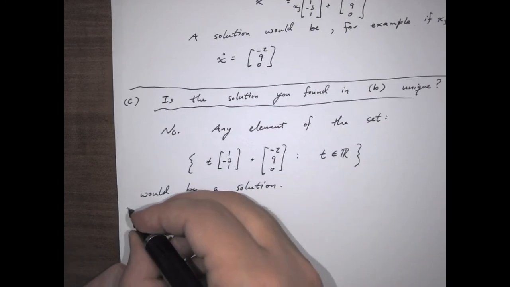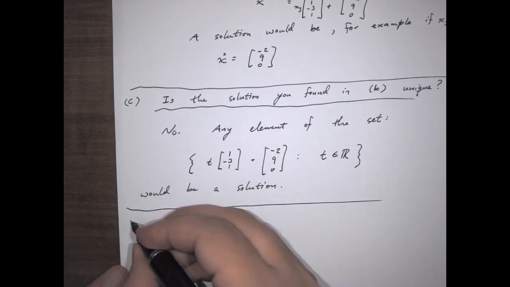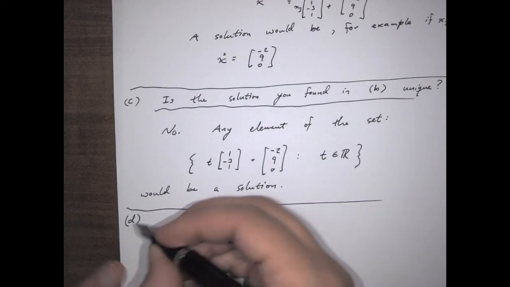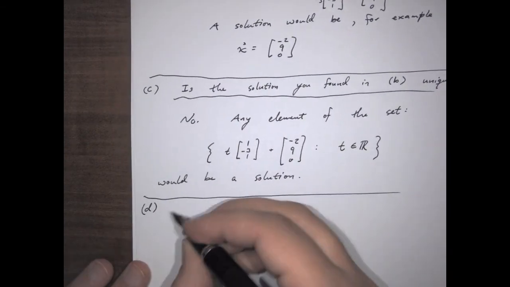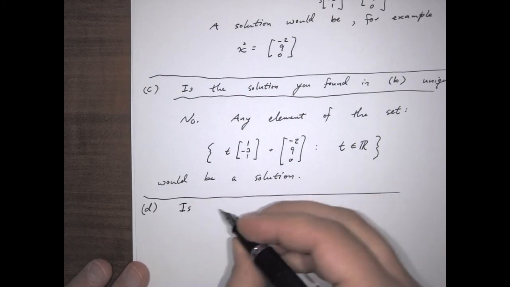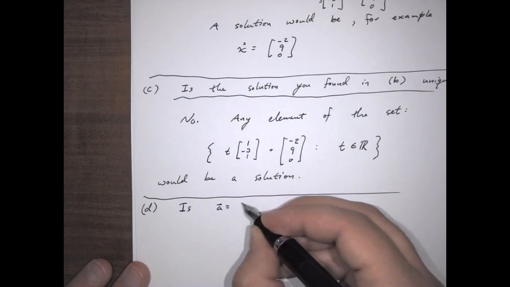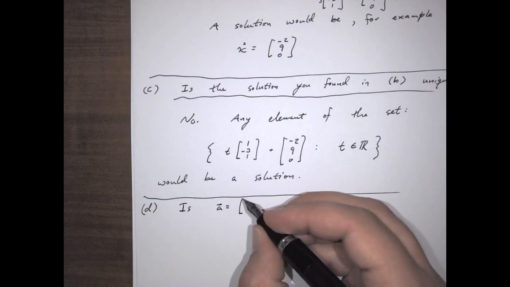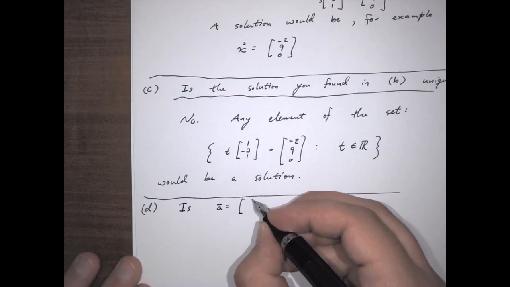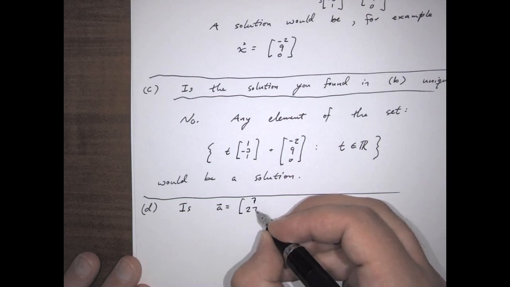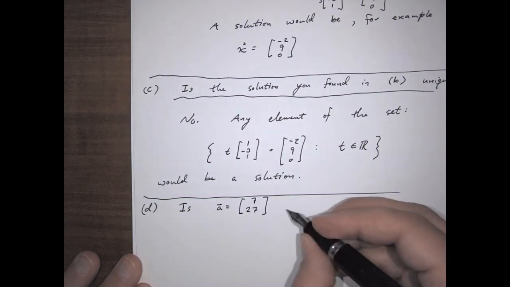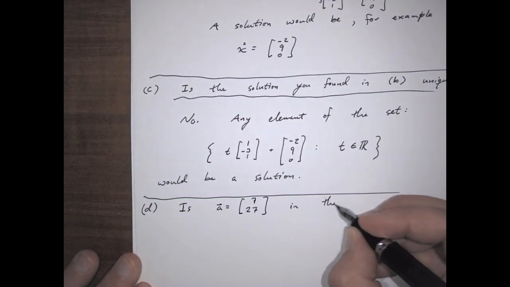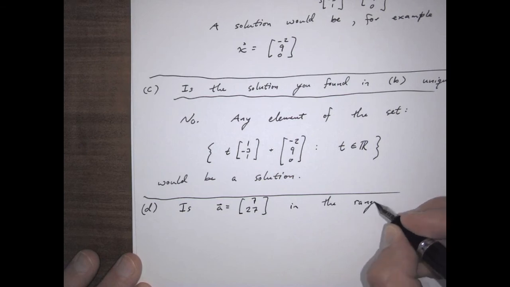And then a follow-up, and this is more or less just a vocabulary question than anything else. If I asked, is a, which equals, let's say, just that same vector from before, 7, 27, is a in the range of T?